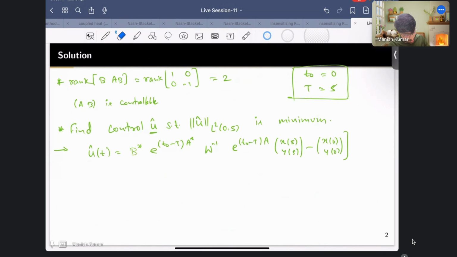So this is the expression of the control that we have seen.